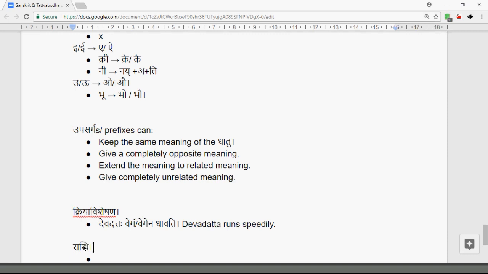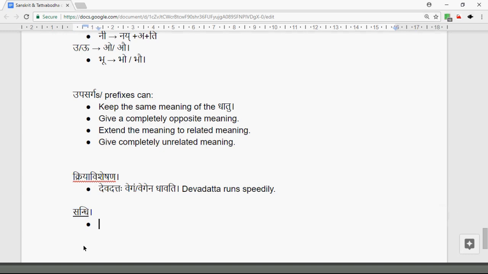So sandhis. If I say Ramaha, the word Rama and Ishvara, if I say Ramaha and Ishvara as two separate words, then there is no sandhi necessary in a sentence.